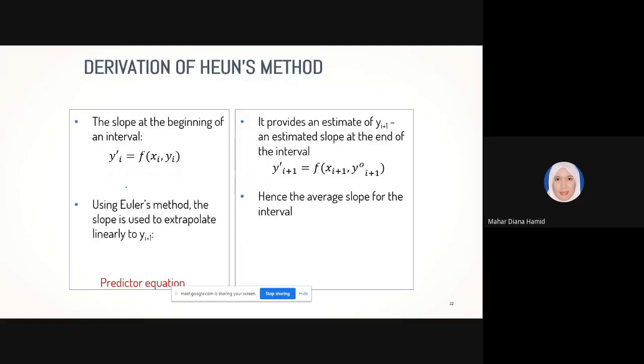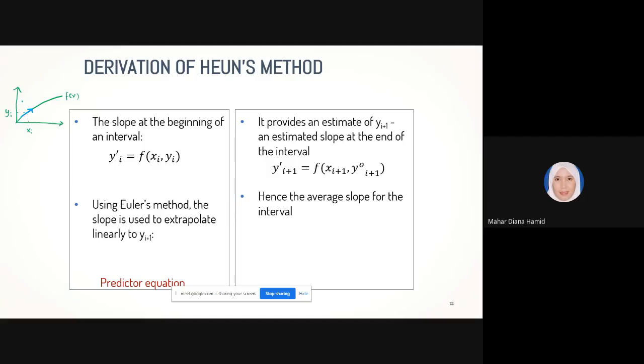As I mentioned before, first we are going to determine the slope at the beginning of the interval using the function itself. For example, if we have a function here of x, and this is y i, this would be the slope here.